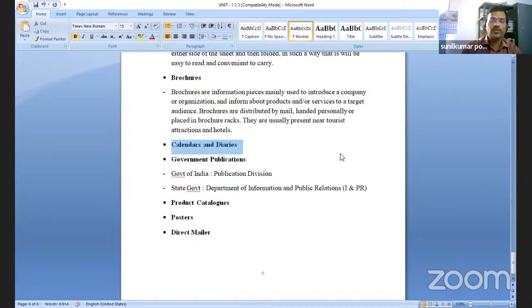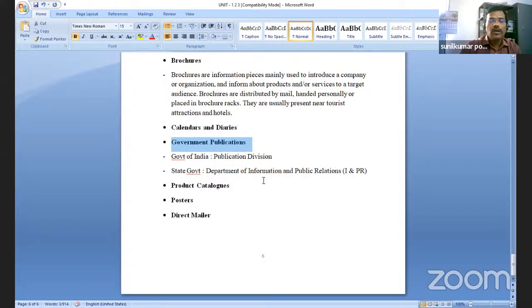Calendars and diaries also we see from the corporations. For example, HPCL gives calendars and diaries to their employees, their dealers, their stakeholders. Another publication is government publications. There are two kinds of governments in India. India is a union, the union of the states: state government and government of India.